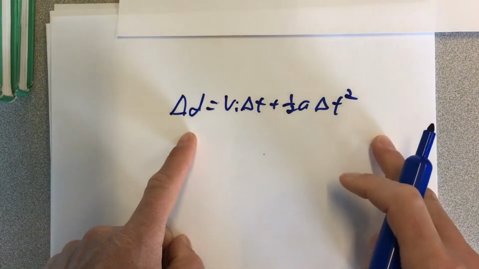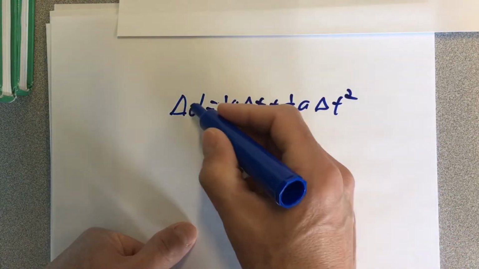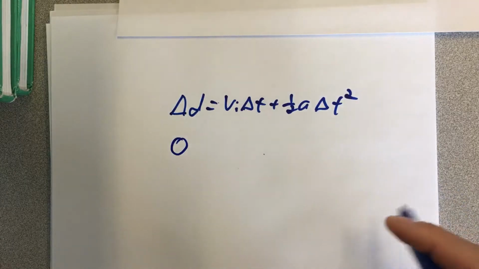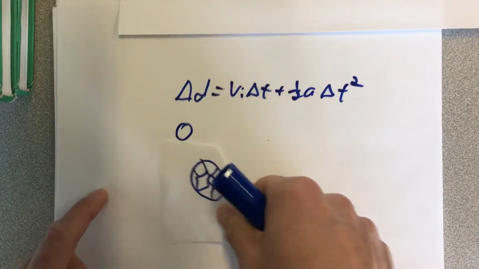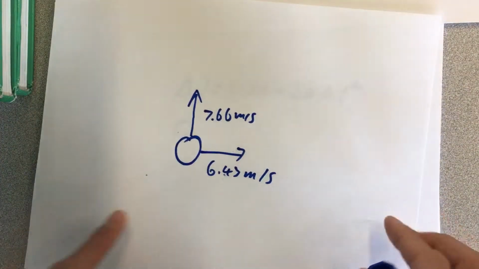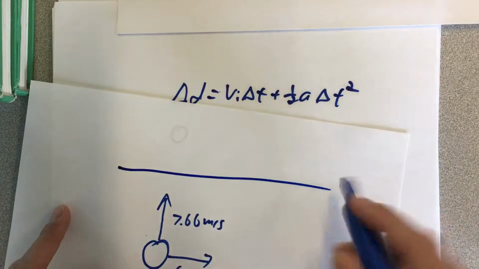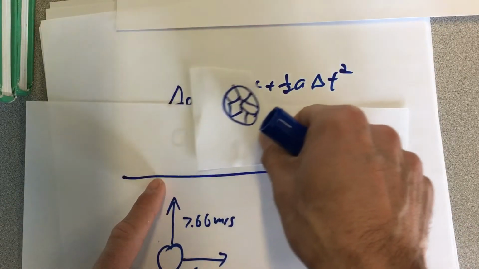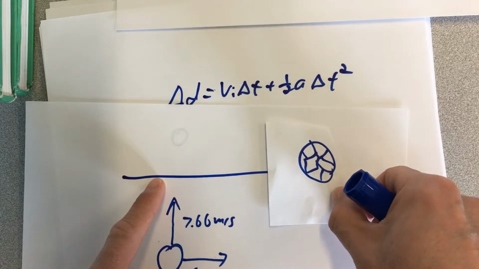So all of this is purely vertical. Our displacement is 0. Now, why would I write in 0 for our displacement? We're talking about a soccer ball, and assuming the groundskeeper's done their job, that soccer pitch is level. So the ball is kicked upward from here, and then it lands here.